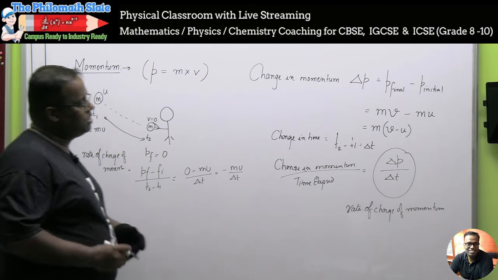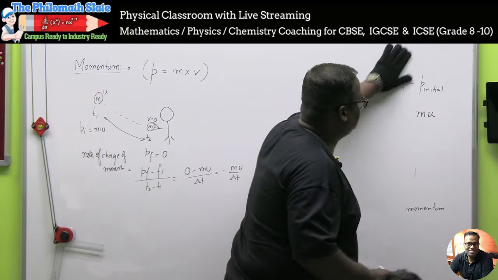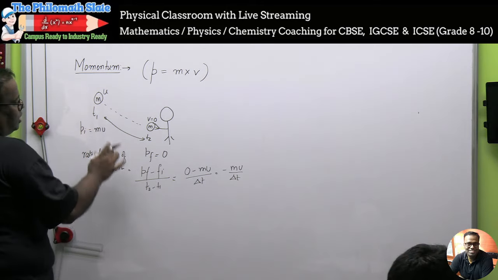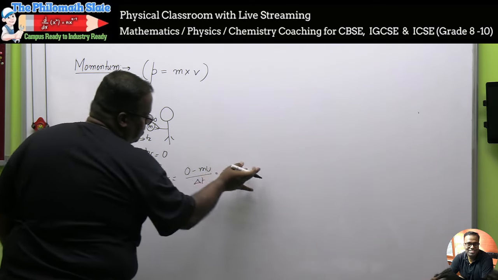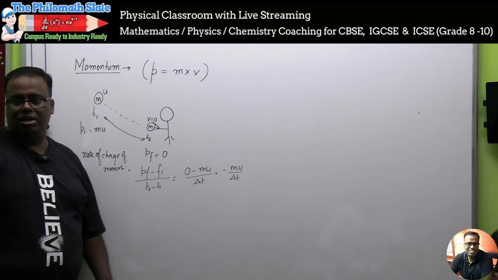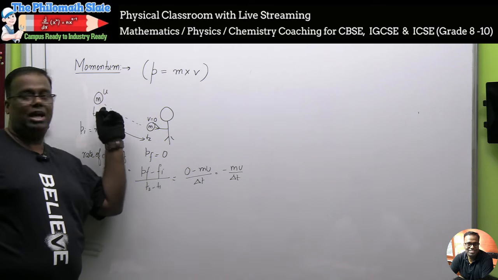Now, can I rub this side? Yes, sir. Okay. So another thing that we need to see here is, ultimately what is the change in momentum when the fielder catches the ball? The change in momentum is always going to be minus mu. We cannot change the momentum of the ball. Ball is coming with a velocity u and has a mass m.